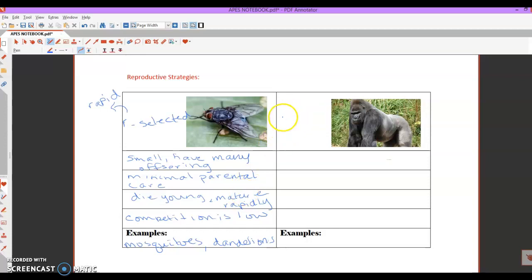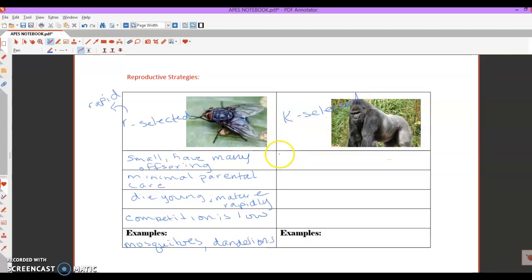Okay, so we refer to these organisms as K-selected. Now, y'all, I know we literally just went over carrying capacity, and that also stands for K, but I don't know why they picked K for this too. So carrying capacity, K, is not the same thing as K-selected, okay?